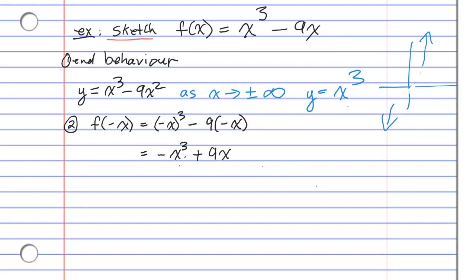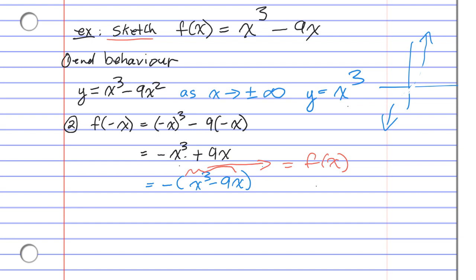Now, here's the thing that we're trying to do. The moment you see this setup, you're saying, okay, can I pull out a negative sign? If I pull out a negative sign, it doesn't quite look like what we had before. But if we pull out a negative sign, it might. So let's try that. We pull out a negative sign, and we end up with negative of x cubed minus 9x.